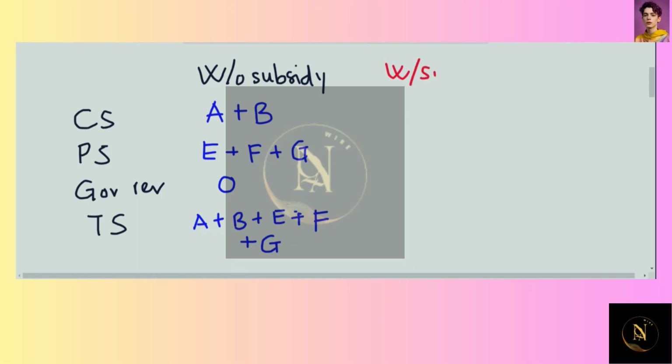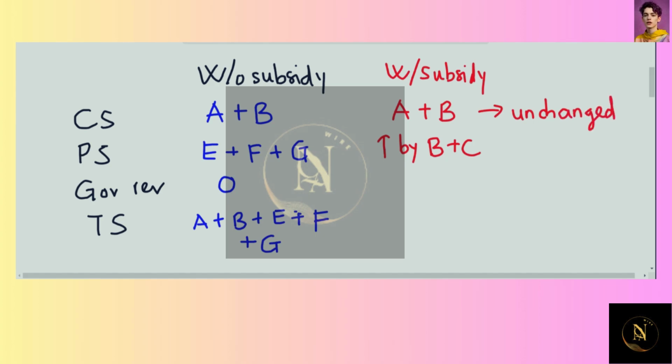Let's say with subsidy. Now consumer surplus is still A plus B. Producer surplus increases by B plus C. Government revenue decreases by B plus C plus D. And total surplus, again, you will sum up consumer surplus and producer surplus.